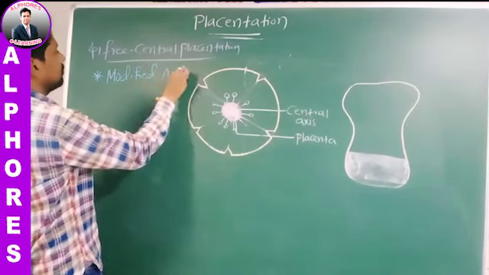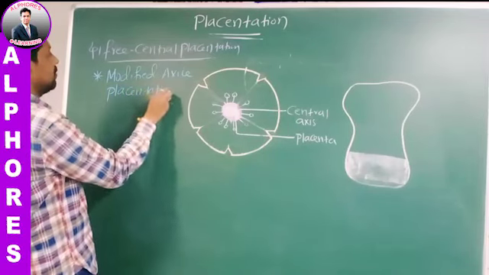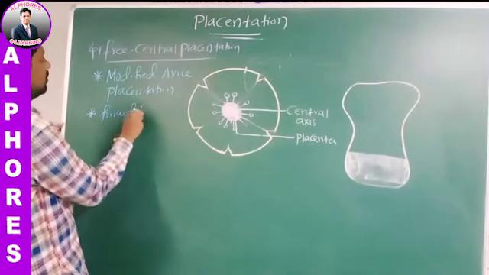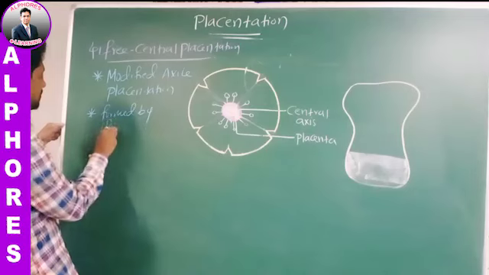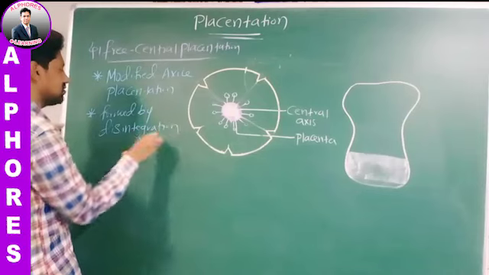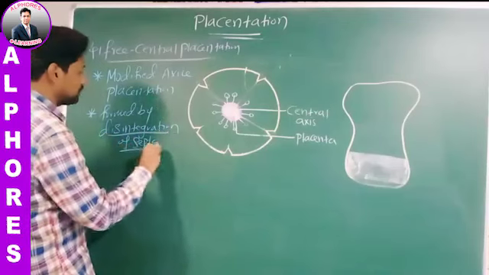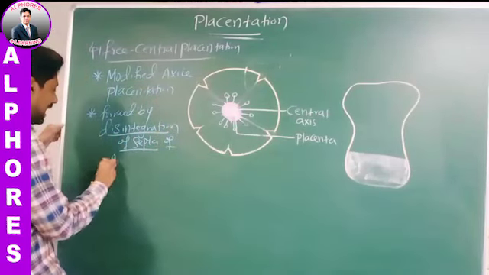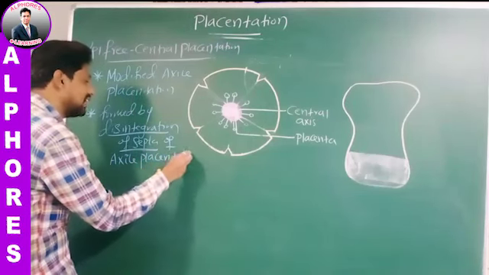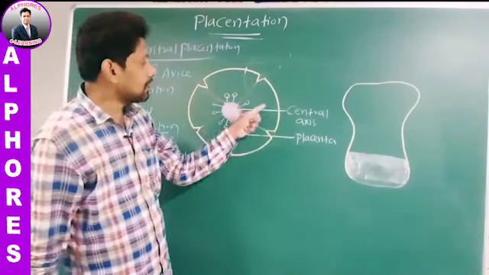Free central placentation is modified axial placentation, formed by disintegration of septa of axial placentation. Now tell me, is there any septa here?